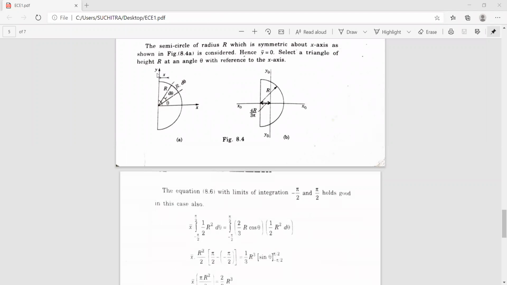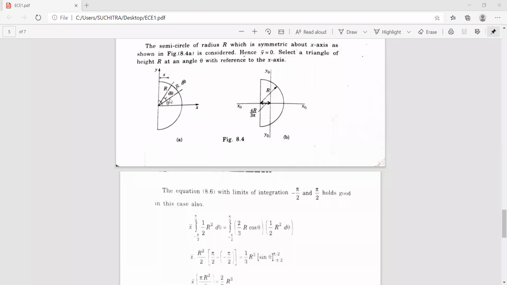We have considered a semicircle of radius r, which is symmetrical about x-axis. Consider a triangular elemental area, which makes an angle theta with respect to x-axis, and has a height r, that is the radius of the semicircle, and which makes an included angle d theta, the base of which is r d theta.